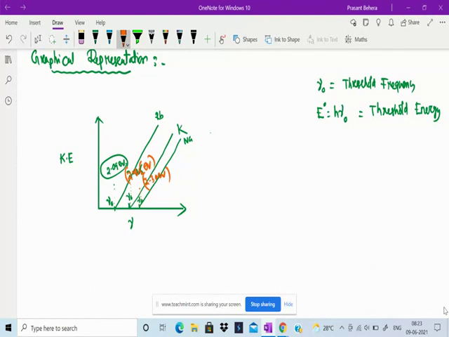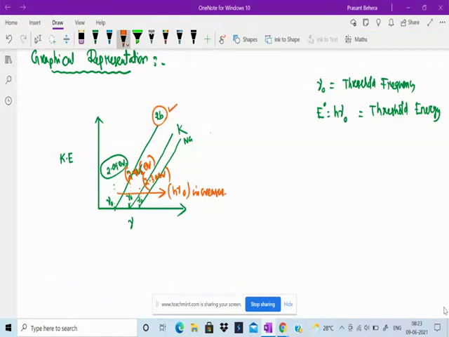That means the threshold energy increases in this way. Here h nu naught increases. This is the graphical representation. For every metal, there is a minimum frequency, that is a threshold frequency.